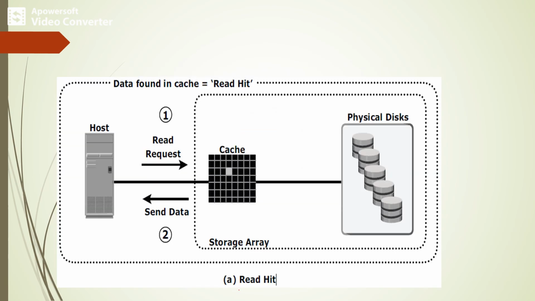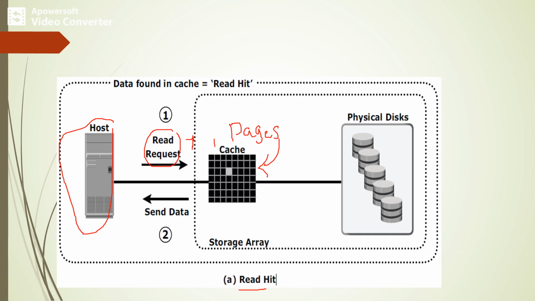Next we'll take read hit. Here we can observe that we have a host. During step 1, the host sends a read request, and the requested pages are available within the cache.